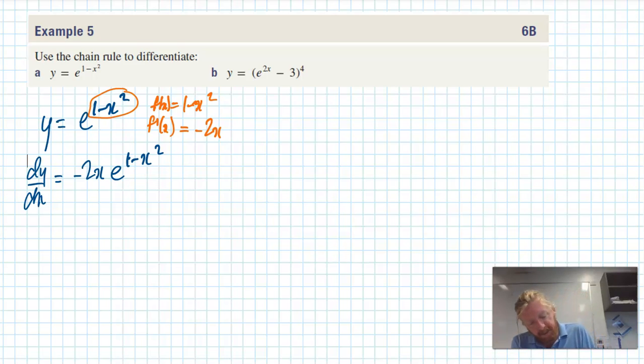Exact same. This guy here, we're combining a couple of different rules. This will be like chain in chain or something. I don't know what you call it. I don't like calling things the chain rule.